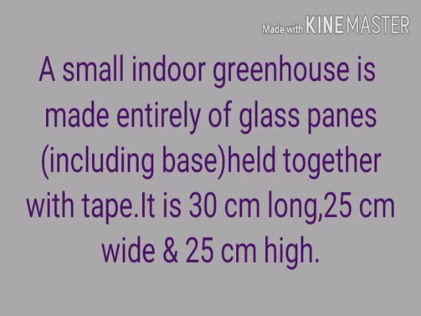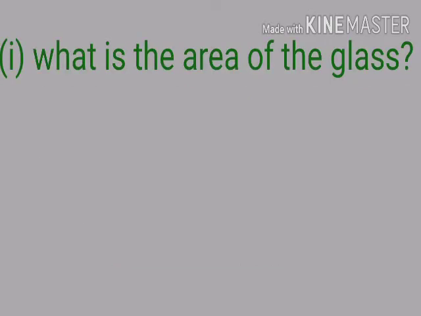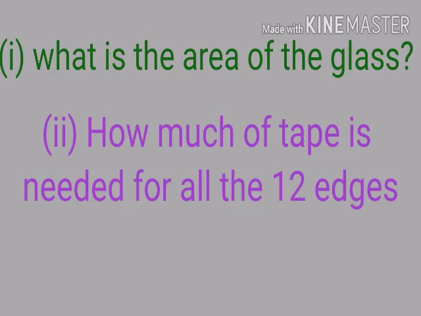It is 30 cm long, 25 cm wide and 25 cm high. First sub question is, what is the area of the glass? Second sub question, how much tape is needed for all the 12 edges?